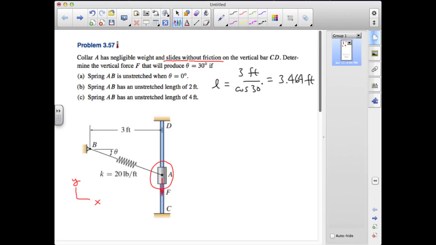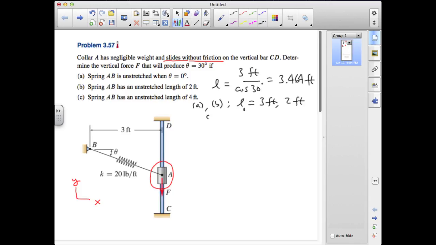So in cases A and B, we have respectively that L0 equals 3 feet for case A, and it's equal to 2 feet for case B. In both of those cases, the spring will be stretched, it will be in tension, and that will influence how we draw our free body diagram.